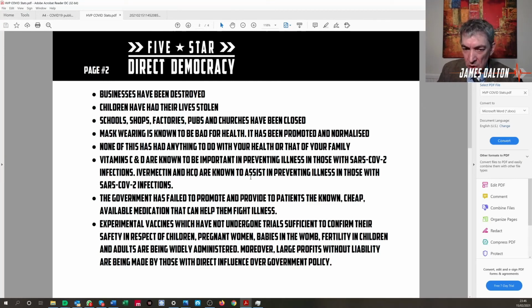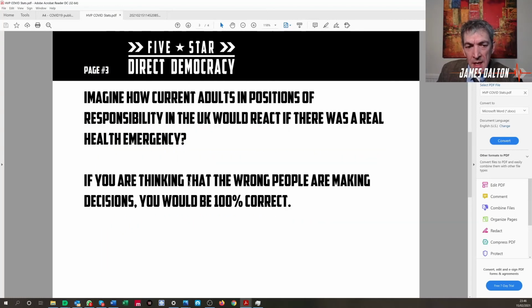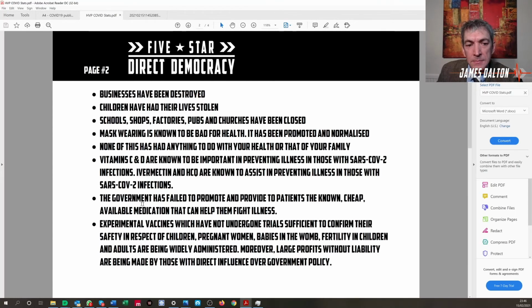Ivermectin and HCQ are known to assist in preventing illness in those with SARS-CoV-2 infections. The government has failed to promote and provide to patients the known, cheap, available medication that can help them fight illness. Experimental vaccines which have not undergone trials sufficient to confirm their safety in respect of children, pregnant women, babies in the womb, fertility in children and adults, and these vaccines are being widely administered. Moreover, large profits without liability are being made by those with direct influence over government policy.